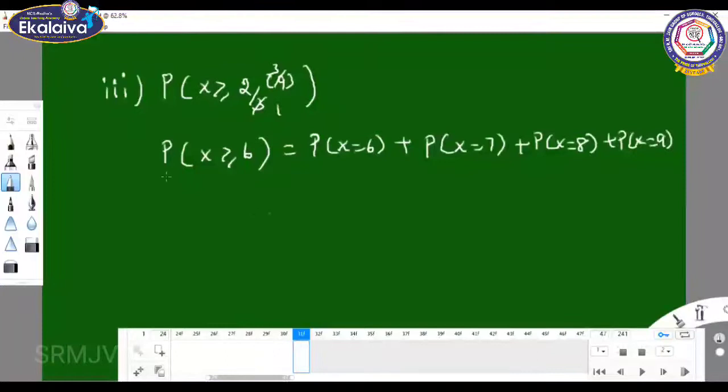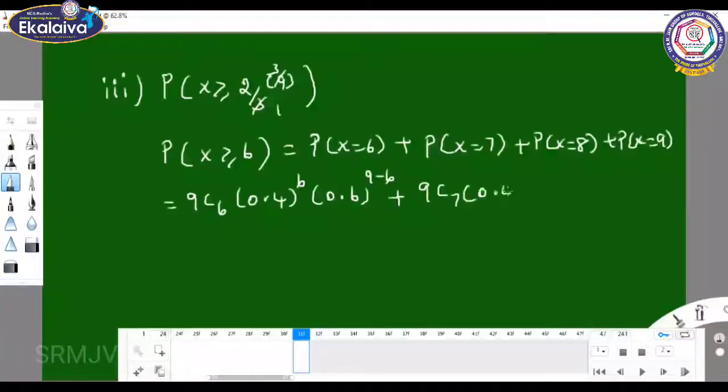So it gives 9C6, 0.4 whole power 6 and 0.6 whole power 9 minus 6. The formula is nCx p power x q power n minus x.